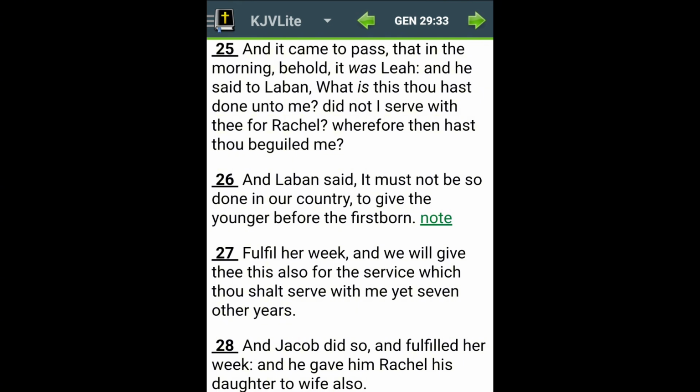Verse 28, and Jacob did so and fulfilled her week, and he gave him Rachel, his daughter, to wife also. So apparently there's 14 years here that there have been no children born, and Leah gave the firstborn Reuben after both of the daughters had been married.